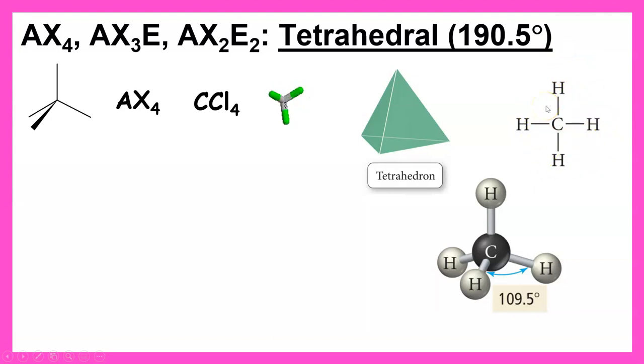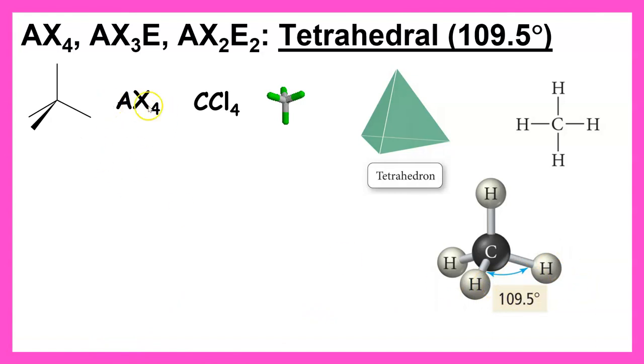But in reality, they kind of spread themselves out in this 3D shape, like a tetrahedral, they get a little bit more space. Oh goodness, I just noticed a typo at the top and fixed it. So it's 109.5 degrees, not 190. Okay, 109.5. So that's a little bit better than 90 degrees, isn't it?